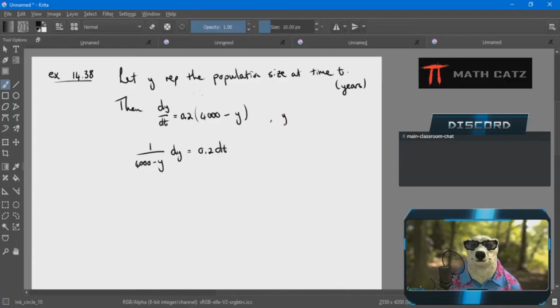Oh, I had my initial population, right? I had 1,000 mountain goats to start. That comes in later, of course. Integrate both sides. Now the right side here is going to be super easy, and I'll group the constants for the integration constant together now before I forget. The left side, what is the left side now?